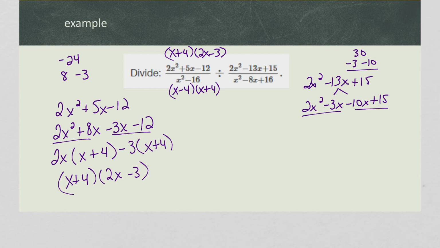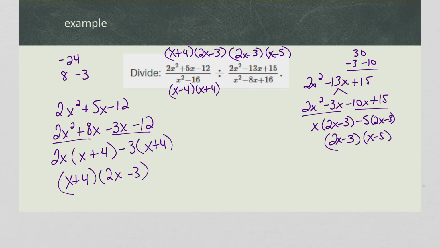I'm going to factor by grouping. All right, so now I've got that factored. So that's 2x minus 3, and that's x minus 5. And so then the denominator factors to be, let's see here, x minus 4 and x minus 4.